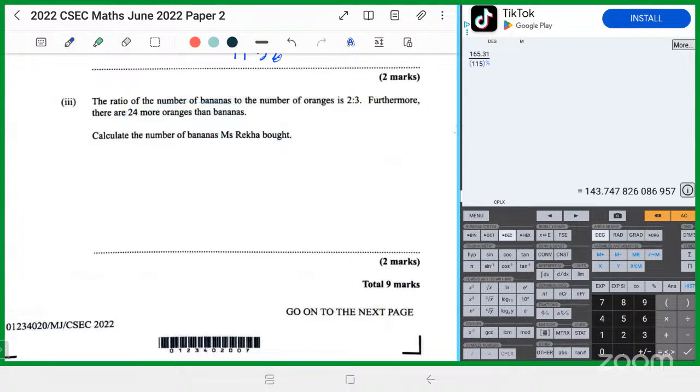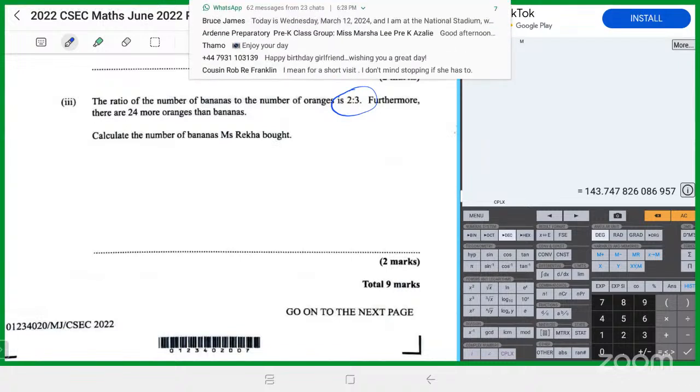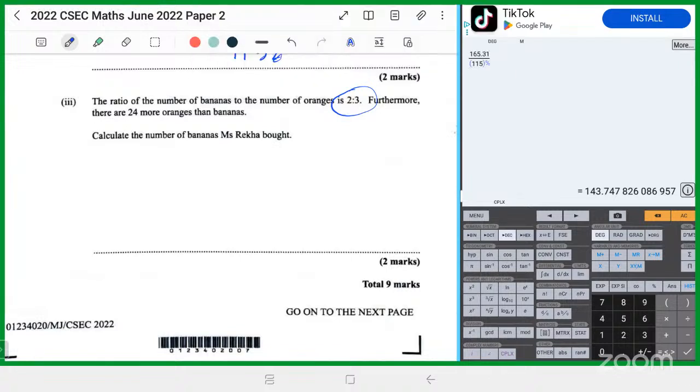Remember, this ratio is just a broken down comparison of the actual numbers. And to get the actual numbers, you can always build back up to the original numbers. But we want to extend the ratio to show the difference because they are giving us information about the difference that we can use.